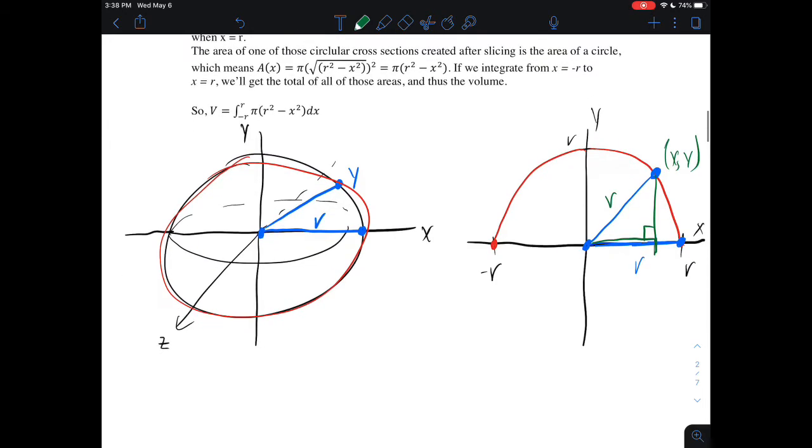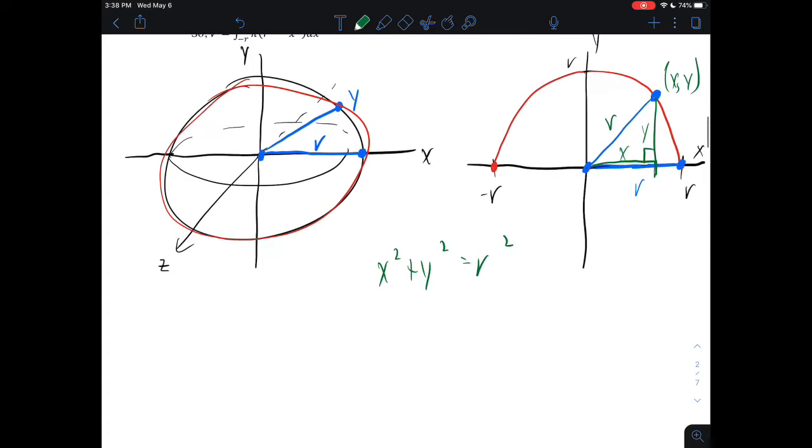So just from my triangle there, I have x squared plus y squared equals r squared, which means that y squared is equal to r squared minus x squared, which means that y is the square root of r squared minus x squared. If you needed a negative y value, like what if I looked at the bottom semicircle from this? Well, then obviously that's the negative square root. But we have a general way of finding those y-coordinates.